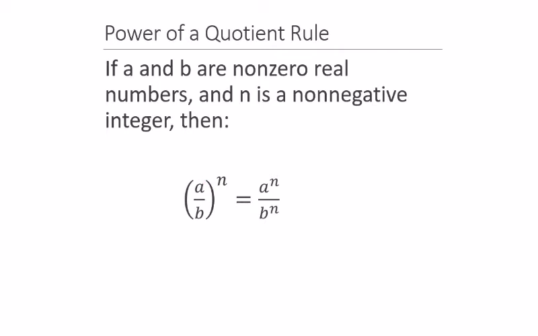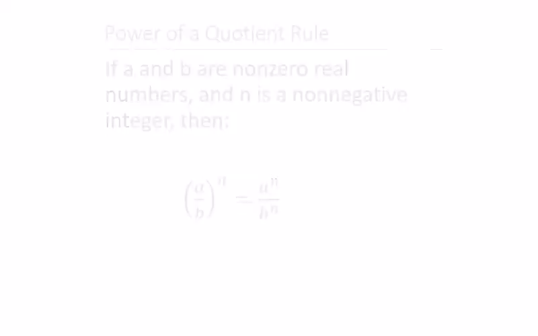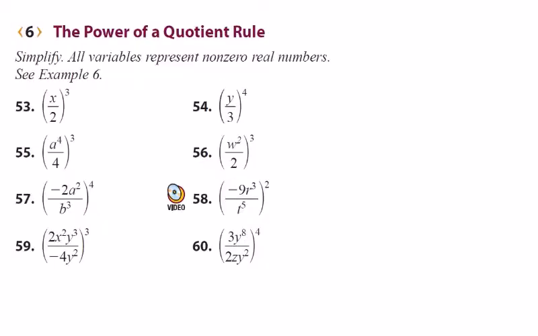All right, so let's see some examples. So number 54. So I have y over 3, right? And so I can remember that each of those bases has an exponent. And so I'm just going to multiply the outside exponents by the inside exponents. So what I get is y to the 1 times 4, which is 4.